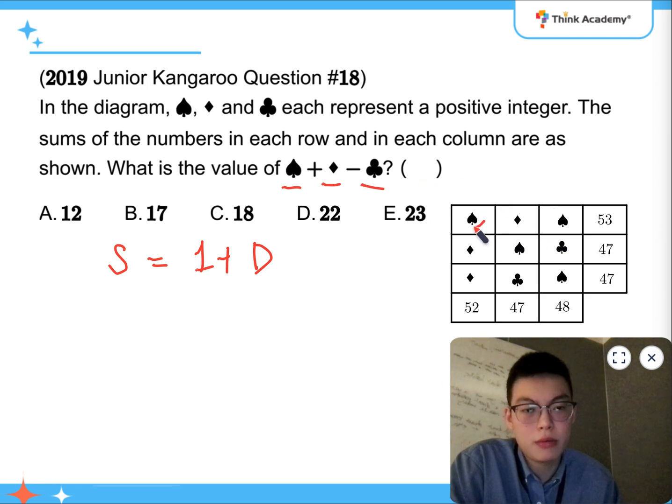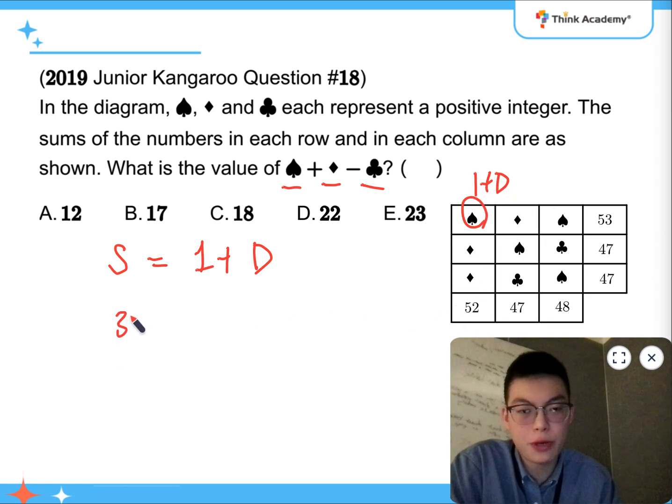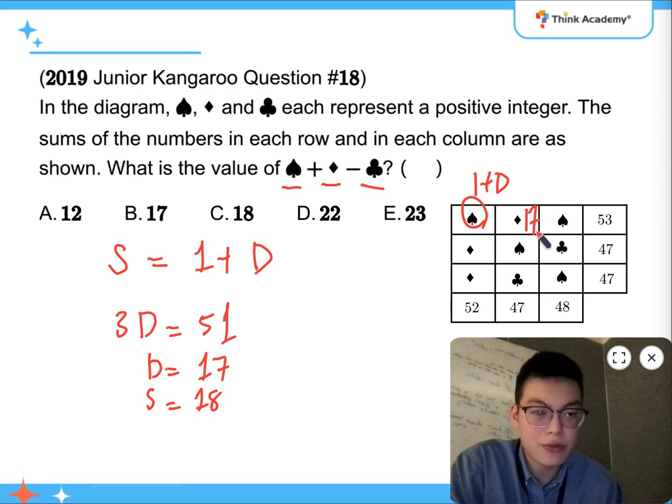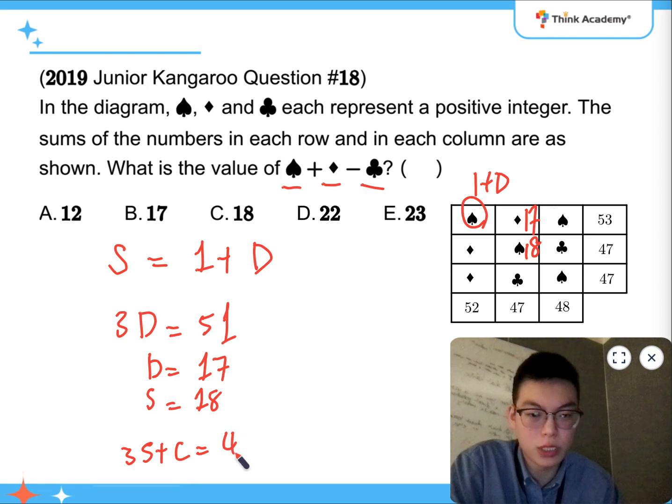So I can replace that for 1 more than a diamond, and we know that 3 diamonds is going to be 51. So diamond is 17, spade is 18. Now knowing that, we can put 17 and 18 there to find out the value of the clubs. So it means that 35 adding clubs is 47, clubs is 12.